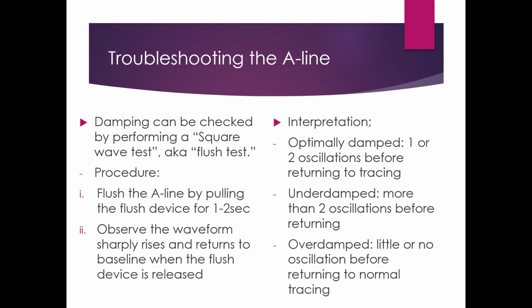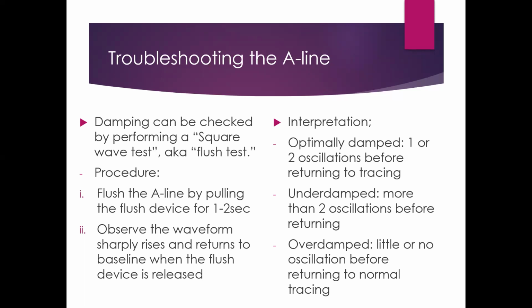To do a square wave test, you flush the A line by pulling the flush device for 1 to 2 seconds. When you do that, you observe the waveform rising sharply and returning to the baseline when the flush device is released. So you know your system is optimally damped.